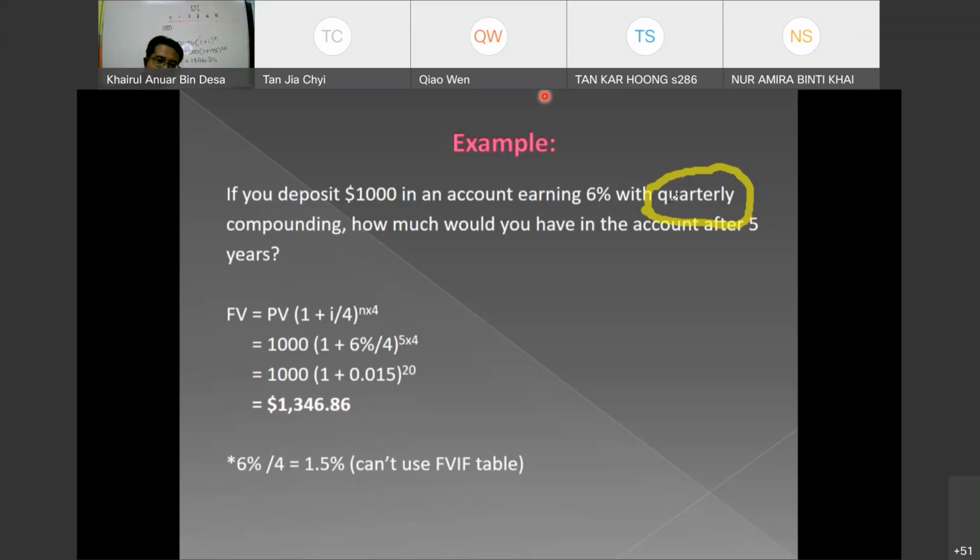Okay, good. This is a reminder for me and for the other friends. Alright, now we will do an experiment. For quarterly we got 1346.86. Now I want you to calculate semi-annual, and then calculate monthly as well.